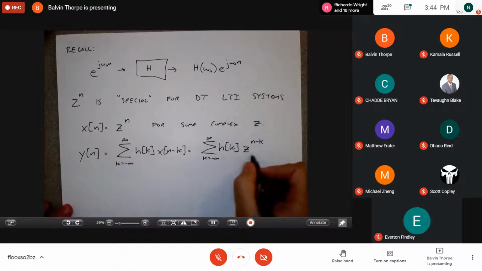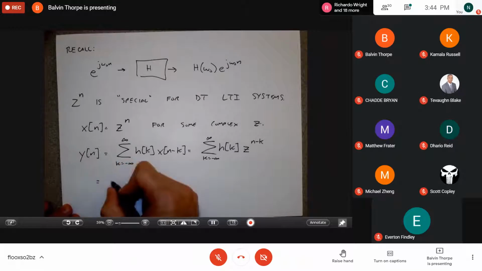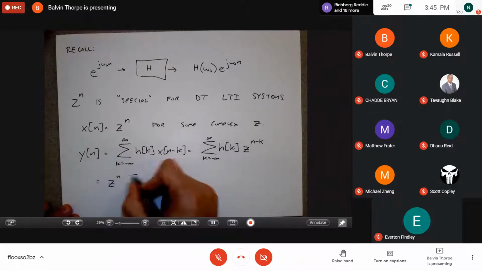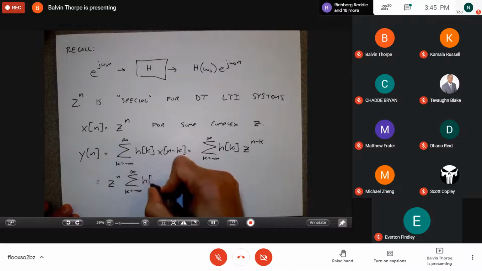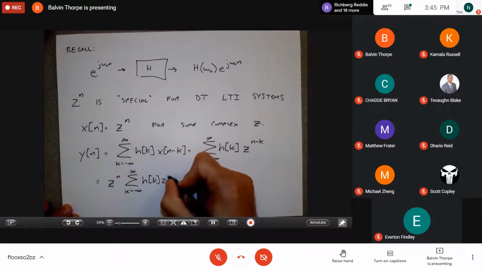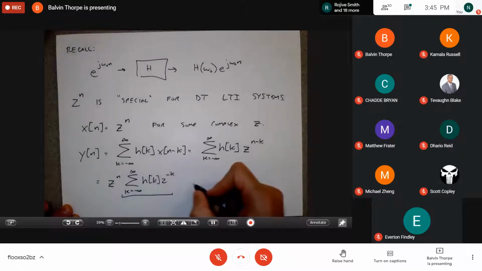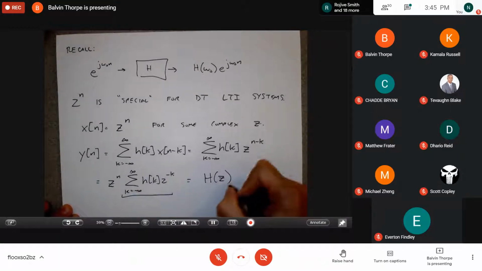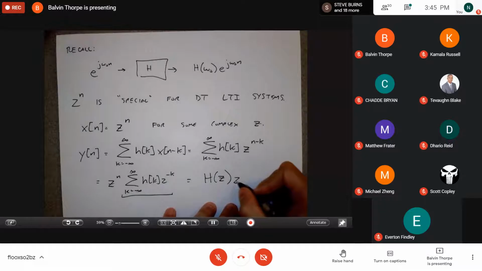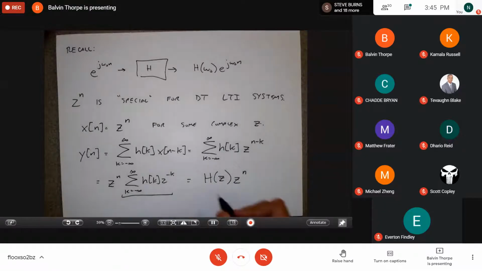Since this sum is over k, I can take the z to the n out, and I have just the sum. And this is what we call the Z transform of the impulse response. This is called the transfer function.